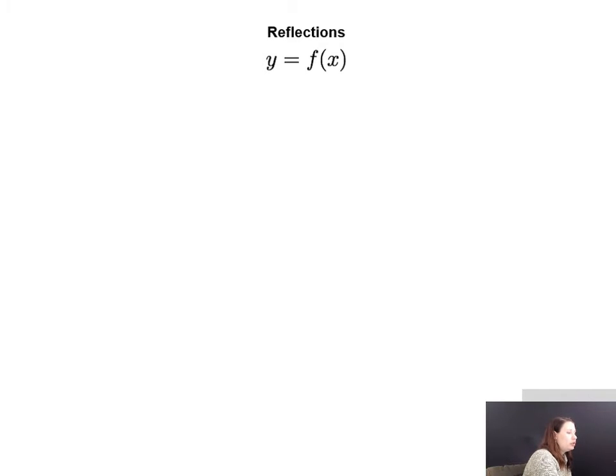Reflections literally just mirror the function across an axis, essentially. So the first type is a vertical reflection. Vertical reflections, like we would think, mirror it vertically. So what that looks like is you are multiplying the entire function, the y, by a negative value.